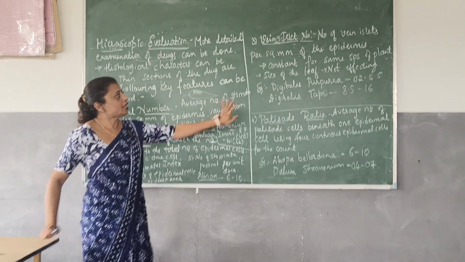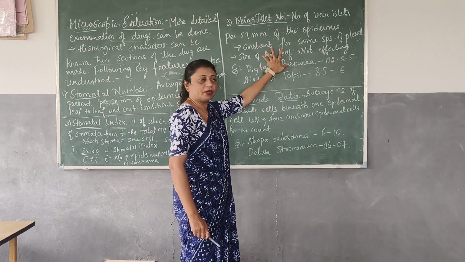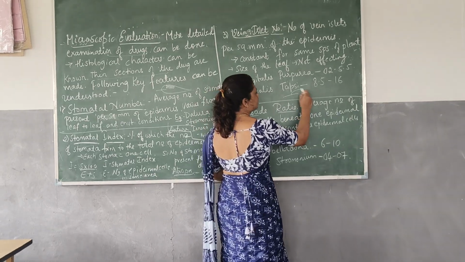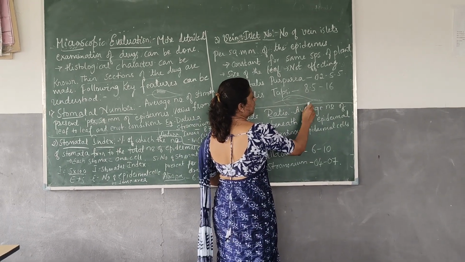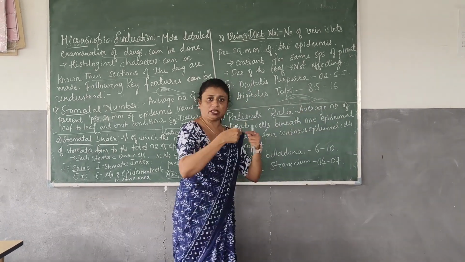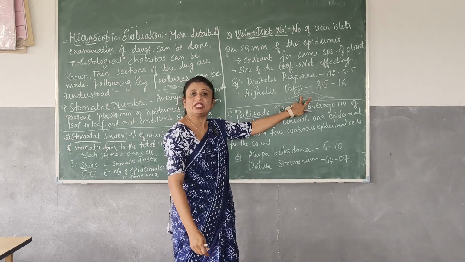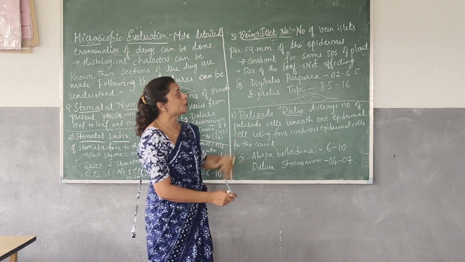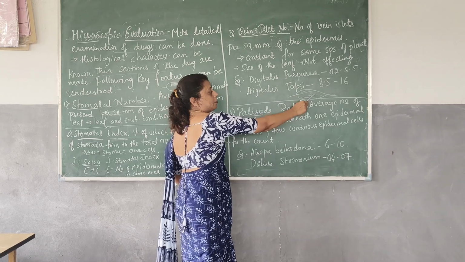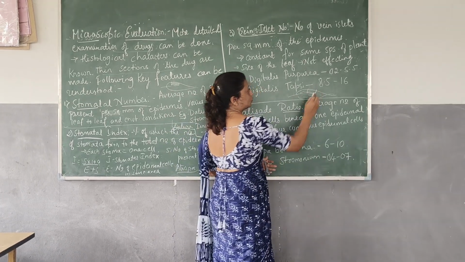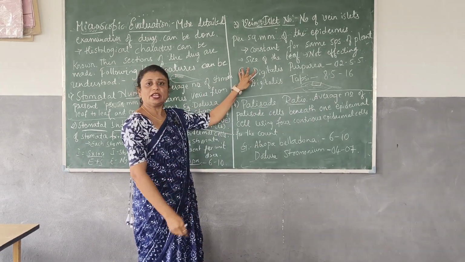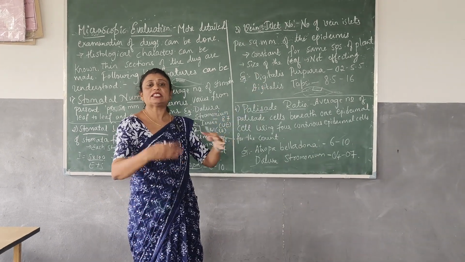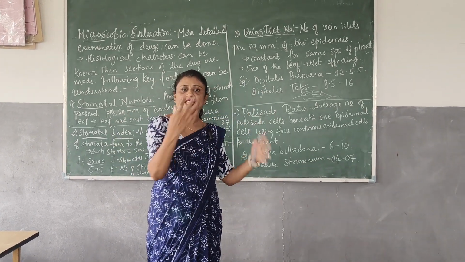Okay. Next, coming to the vein islet number. Vein islet number is the number of vein islets. If you consider a leaf, there will be thin lines, and those are nothing but the veins, right? The vein islet number is the number of vein islets present per square millimeter of the epidermis. It will be constant for the same species of the plant, and even the size of the leaf does not affect the vein islet number.